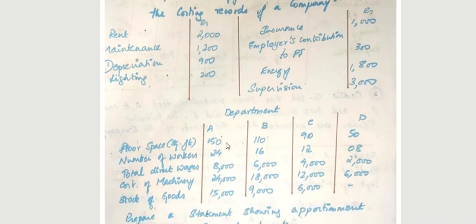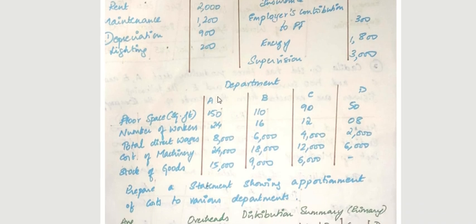In the question we have four departments A, B, C and D. If we see stock of goods for department D, it is not given. The bases given in the question are floor space, number of workers, total direct wages, cost of machinery and stock of goods.